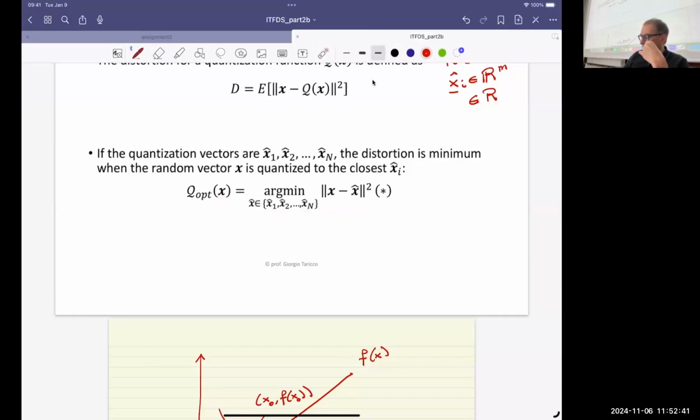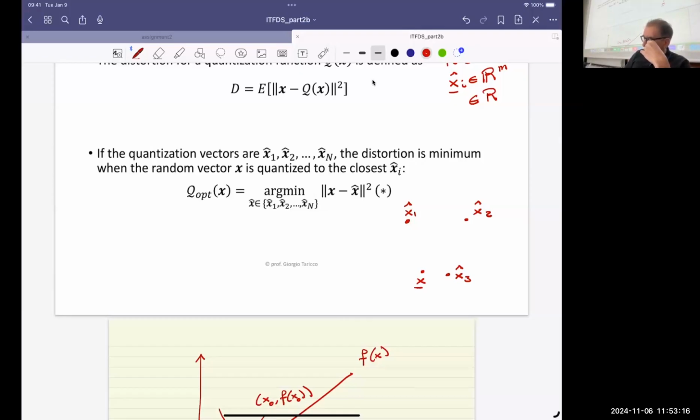So if, for example, this is x hat 1, this is x hat 2, and this is x hat 3, and my point x is located here, the argument of the minimum of x minus x hat in squared Euclidean norm is x hat 3.